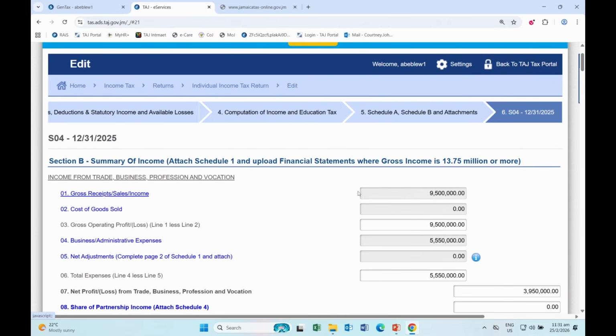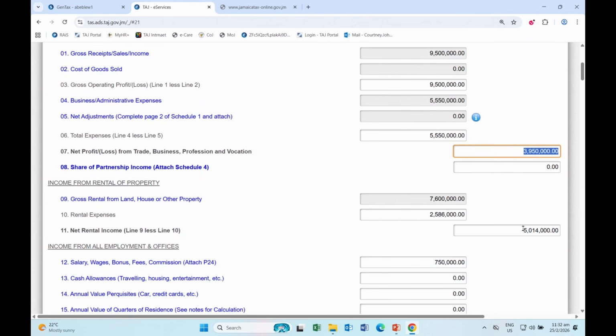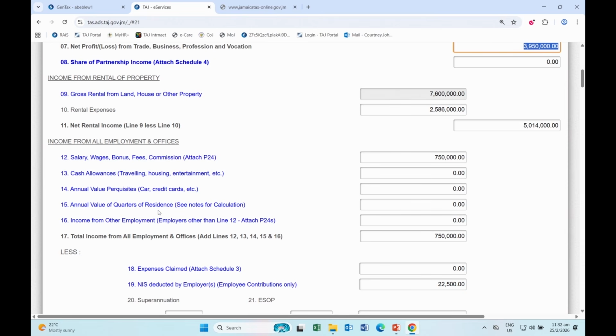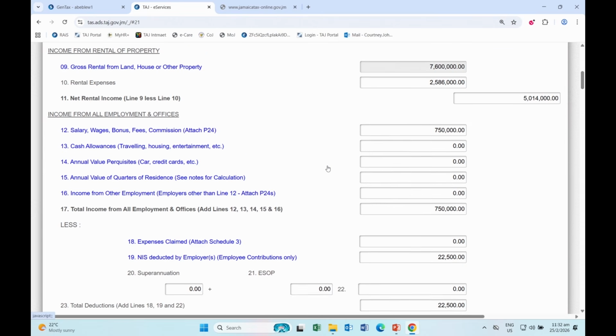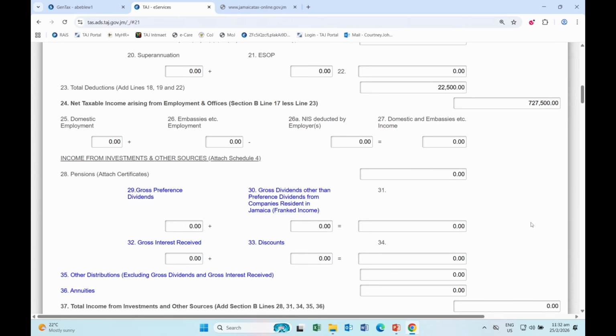His net profit from self-employment was $3,950,000. His net profit from rental income was $5,014,000. His income from employment netted to $727,000. Of course, when you remove the NIS, that's what is left from employment income.